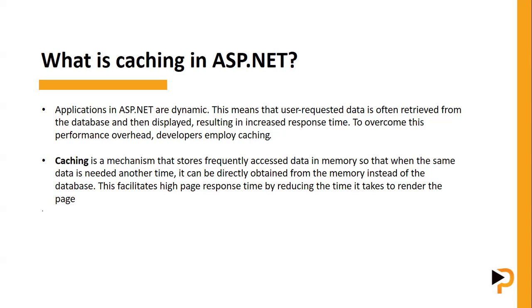Now, what exactly is caching? It is a mechanism that stores frequently accessed data in a temporary location, particularly in memory, so that when the same data is needed another time, it can be obtained directly from memory instead of the database. This facilitates better page response time by reducing the time it takes to render the page.